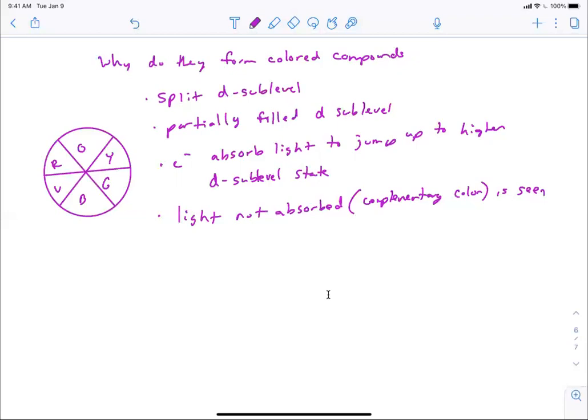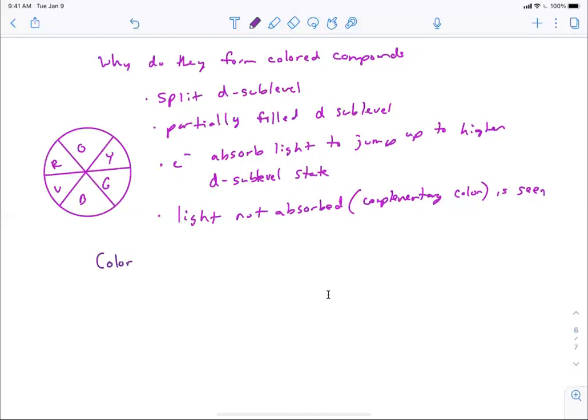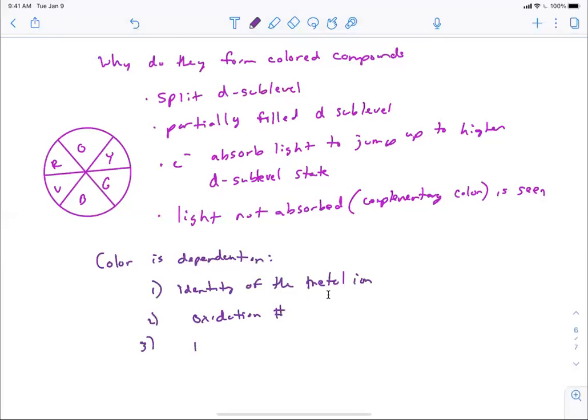And don't forget that the color is dependent on three things. One, the identity of the metal ion. Two, the oxidation number. And three, the identity of the ligand.